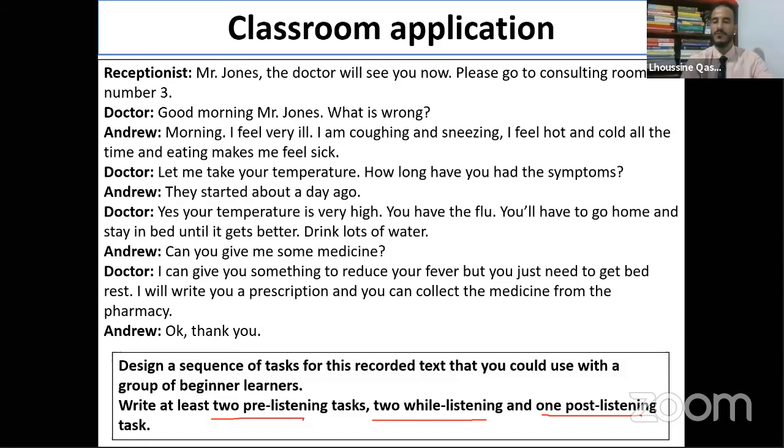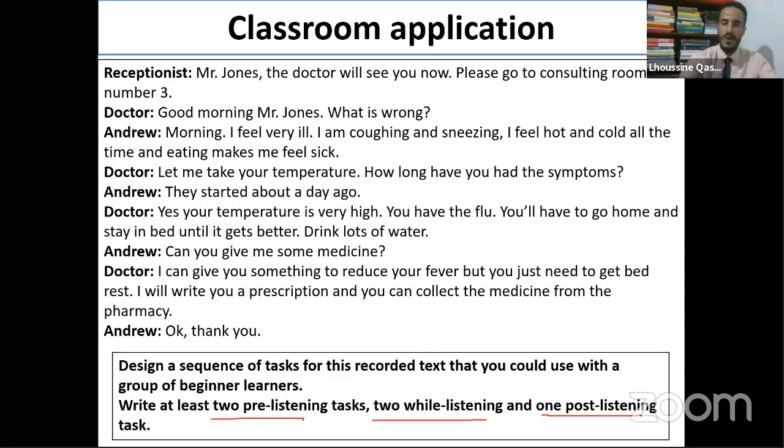Wonderful. Nasira started with multiple choice. Very interesting. Thank you. Now we agreed that we can start with a recognition task: listen and check, listen and write T or F, listen and match, listen and choose the right answer. The second activity: listen and answer, listen and answer the WH questions, listen and justify. Wonderful.